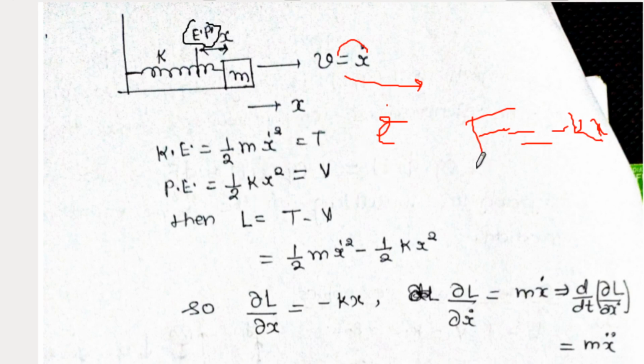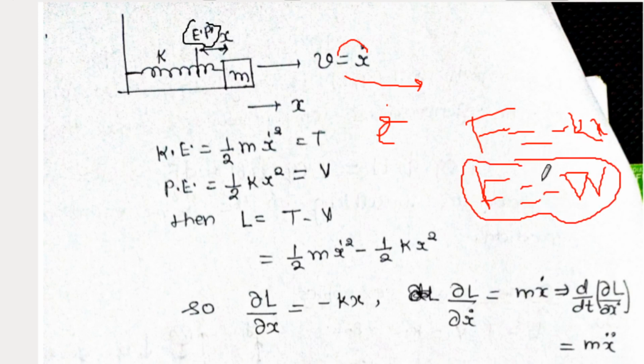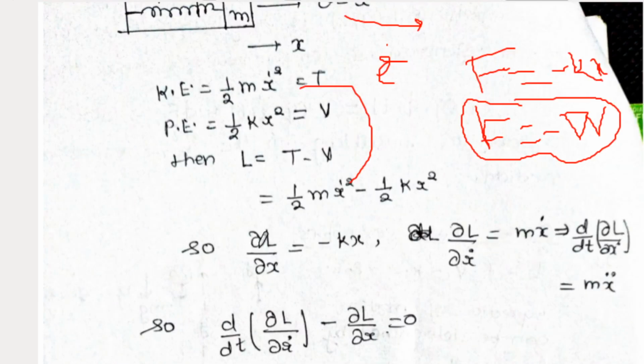For a conservative system, the force is equivalent to the gradient of some potential. Here this is V. So our Lagrangian will be T minus V. You can just put these values of T and V here and get the Lagrangian. Here x is the generalized coordinate and x dot is the generalized velocity.